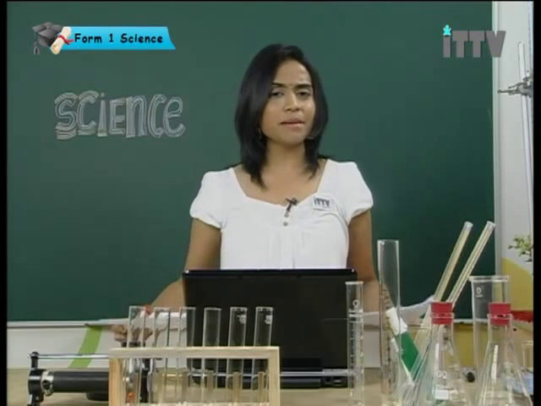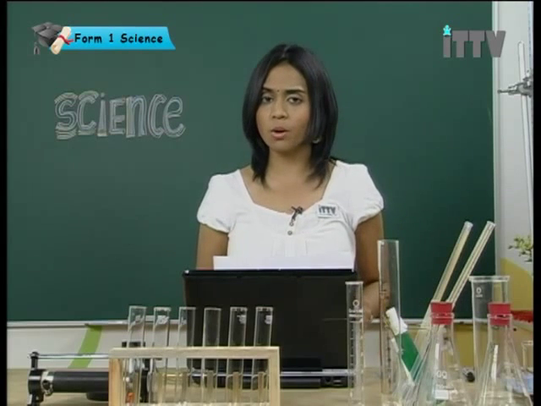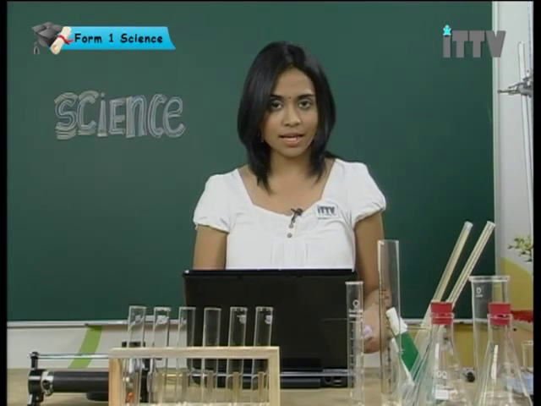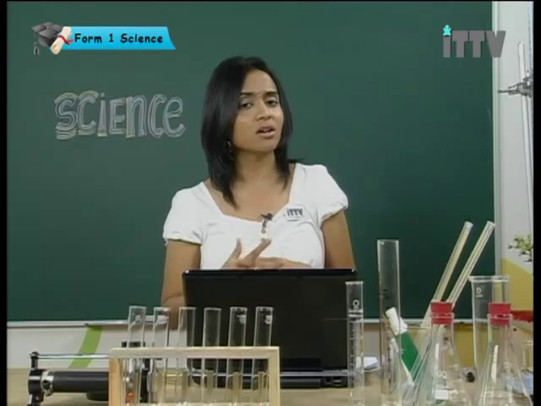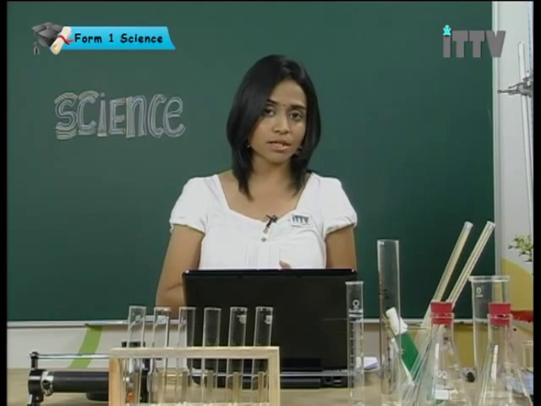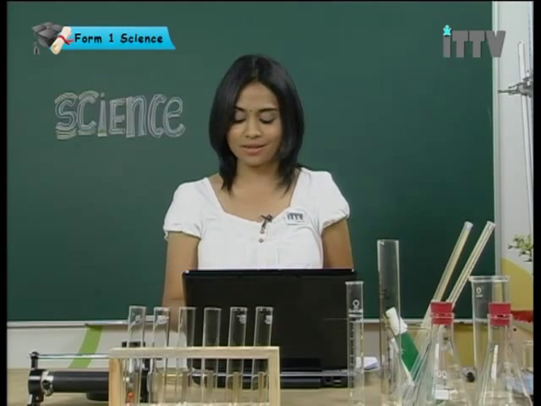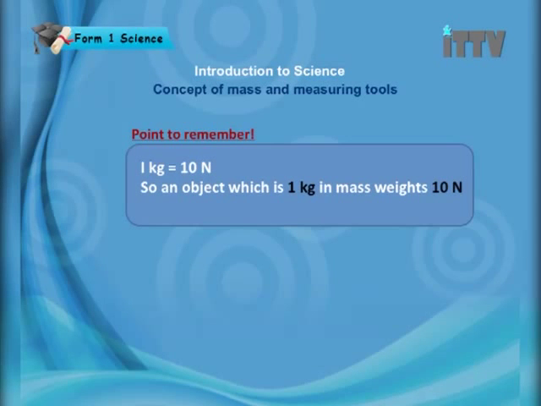So what is the main point that you should remember when you recall weight and mass? Let's see how do we actually connect kilogram and newton. How do you actually change 1 kilogram to how many newtons? The point to remember is 1 kilogram is equivalent to 10 newton. So an object which is 1 kilogram in mass weighs 10 newton.